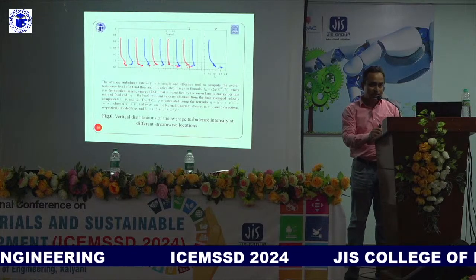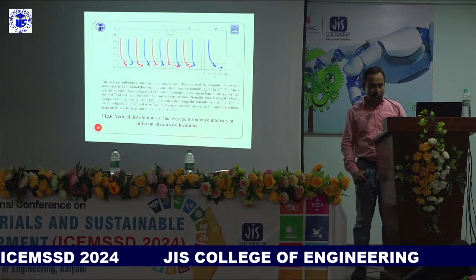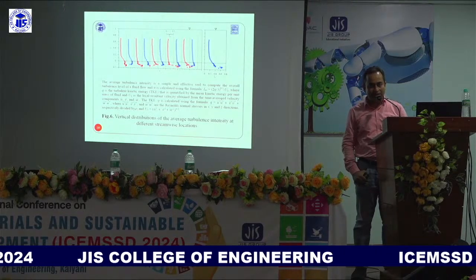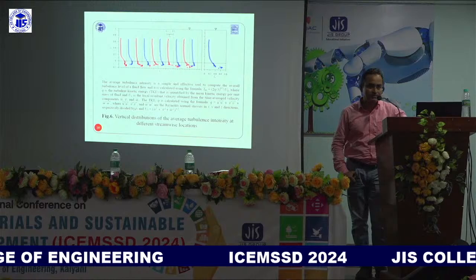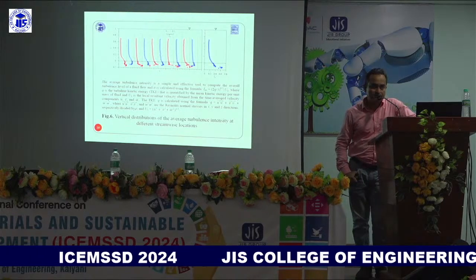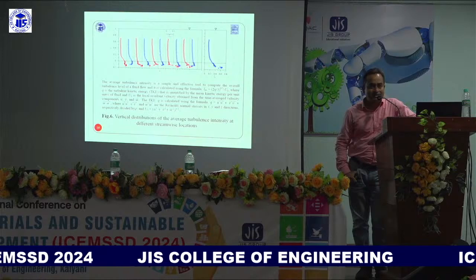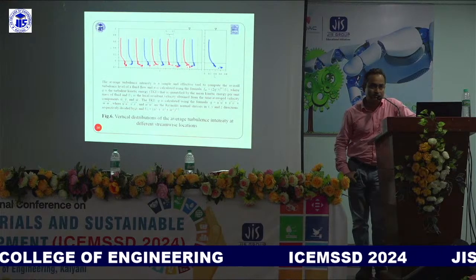Now, turbulent kinetic energy. This is as simple as the kinetic energy that is generally seen. I think you can understand that there are two types of energies, kinetic energy and potential energy. When there are changes in the velocity, kinetic energy comes into play.